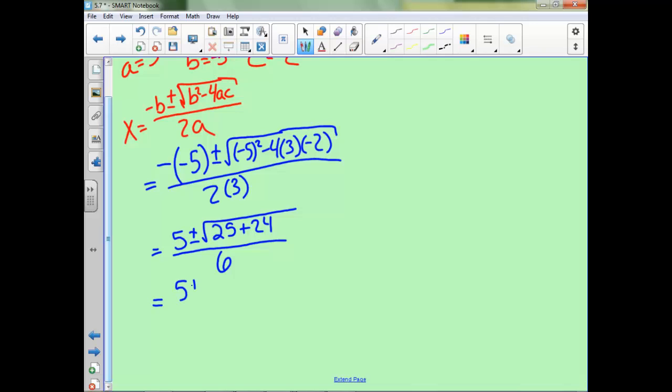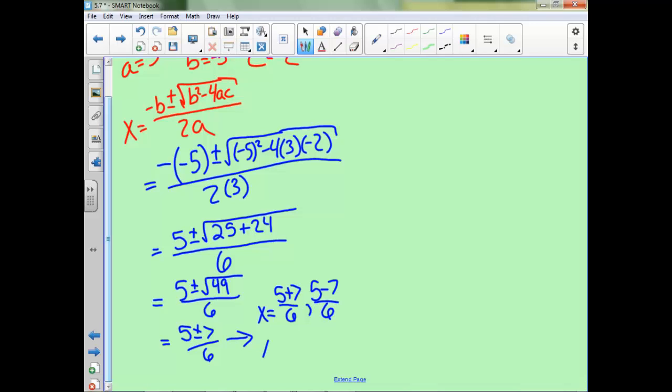And simplifying this, we get square root of 49, which means this is 5 plus or minus 7 over 6. So what this means is that one of our answers is 5 plus 7 over 6. The other answer is 5 minus 7 over 6. So just like we had two answers before, we'll have two answers with our quadratic formula.